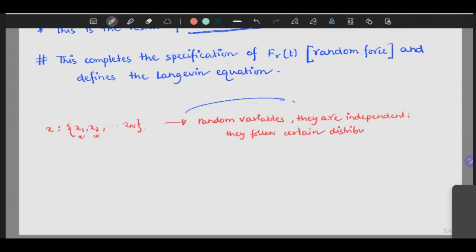If that is the case, then given that n is large, if we take the variable which is the summation over all these random variables, this variable follows a Gaussian distribution.